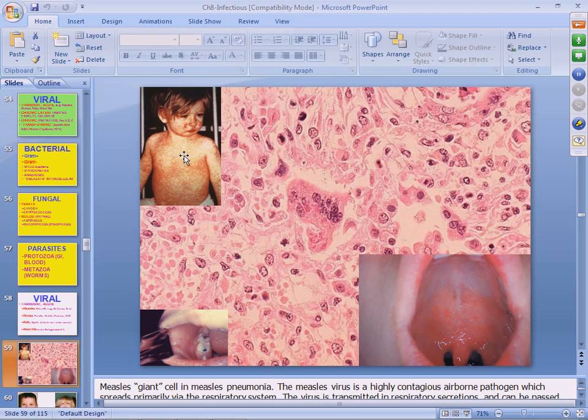Okay, so probably one of the most common businesses or customers or patients for a pediatrician many years ago was a small child, preschool or school age, breaking out in a rash, having been preceded by an upper respiratory infection for a few days, in which there was a sore throat.